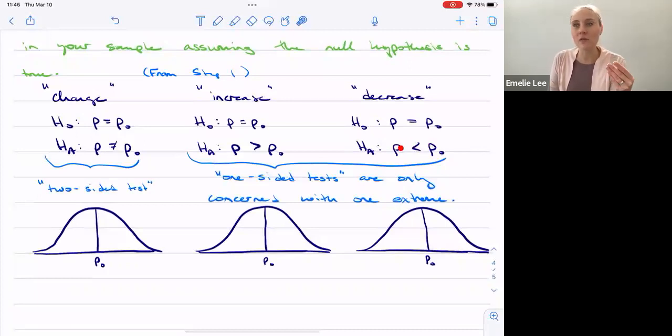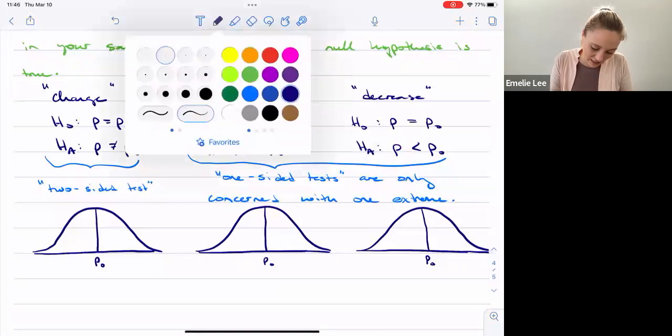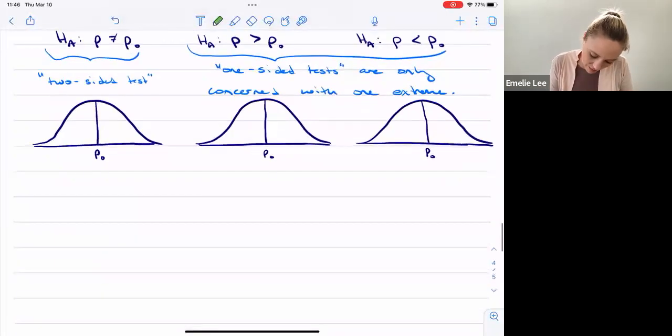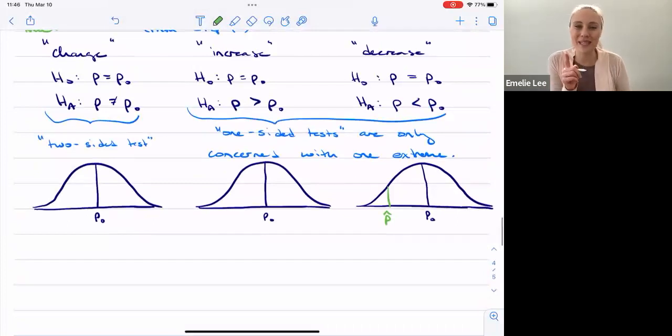I can't use a value like 0.7 to prove that it's less than 0.5. It has to be less than 0.5 to prove that it's significantly less than 0.5. So my sample proportion might be somewhere down here.